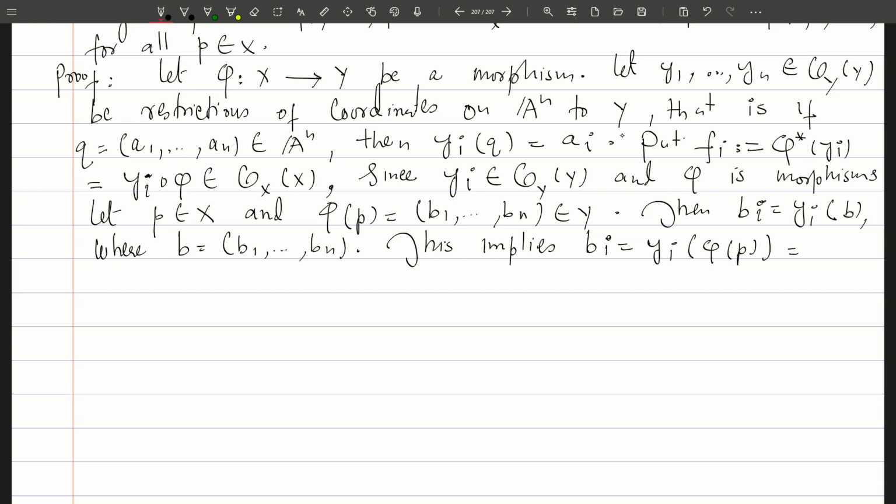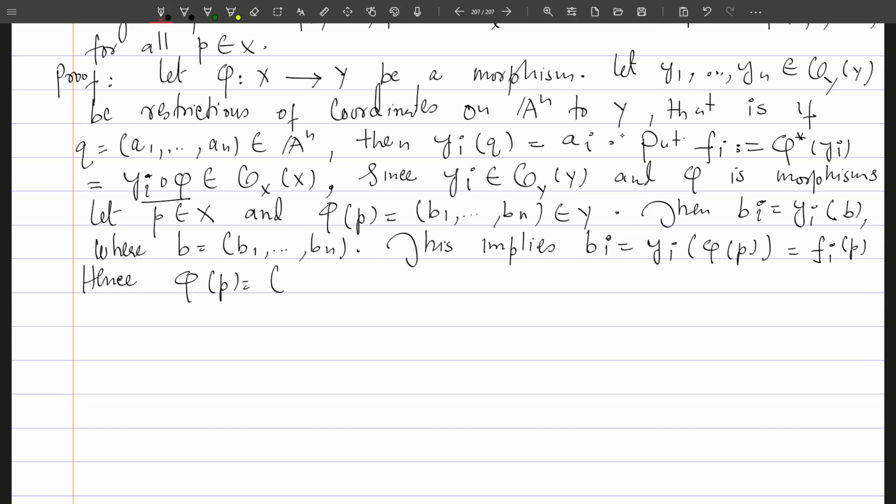which is the same as, because yi composite phi is fi. So yi composite phi is fi. So this is fi of p. So hence phi of p, which is given by this n tuple b1 up to bn, and each bi is given by fi of p.